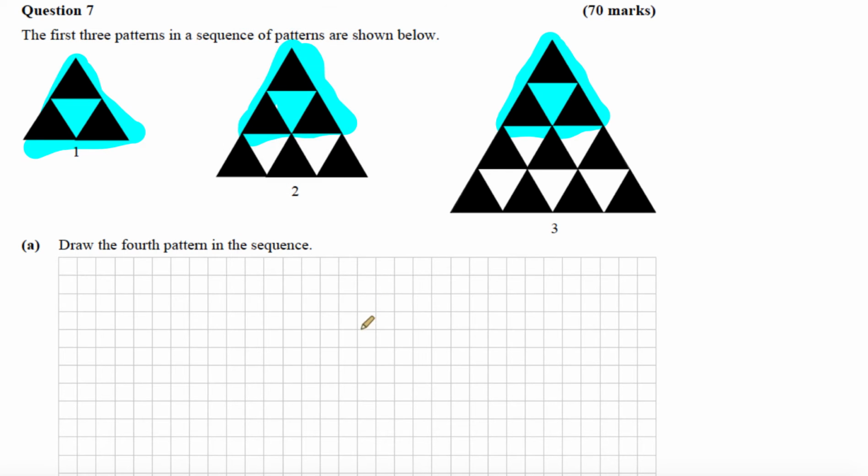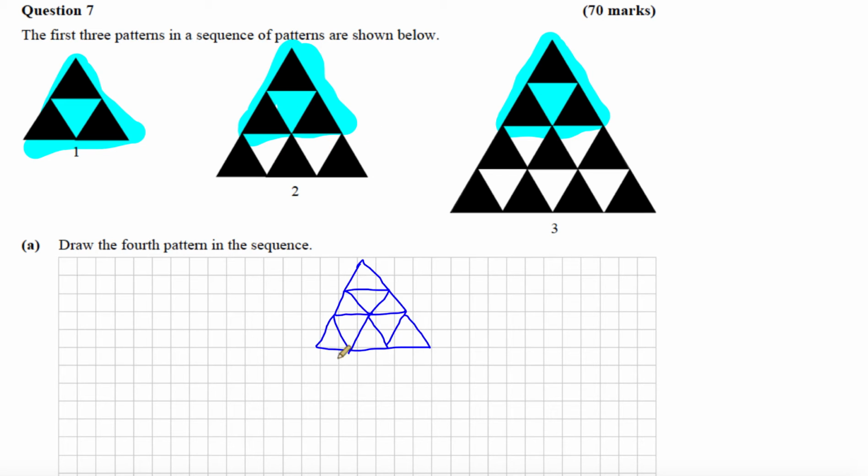So we can draw our pattern at the top. So there we have our pattern of 4. Then we've got this layer underneath. We continue those lines down, drawing them back up.